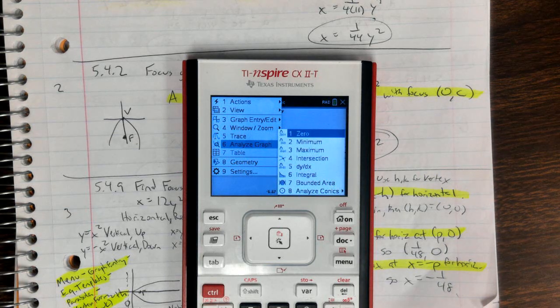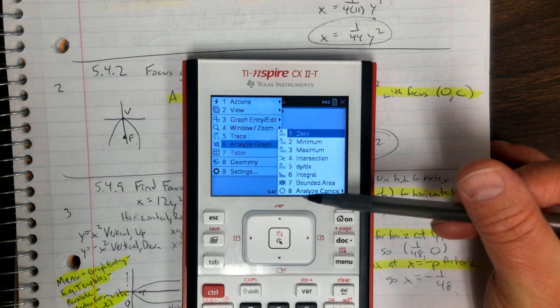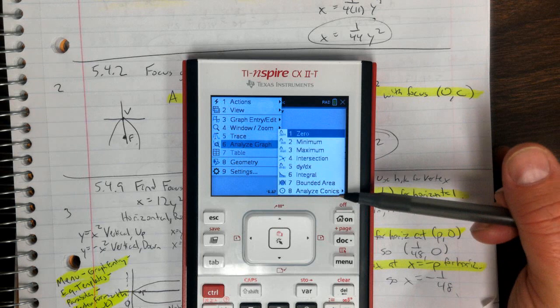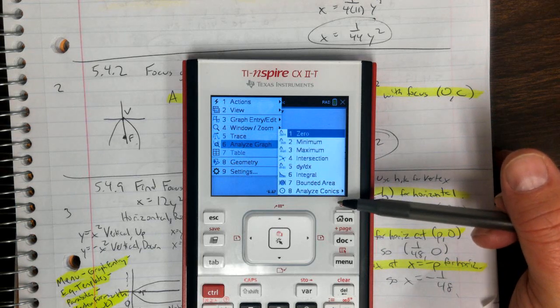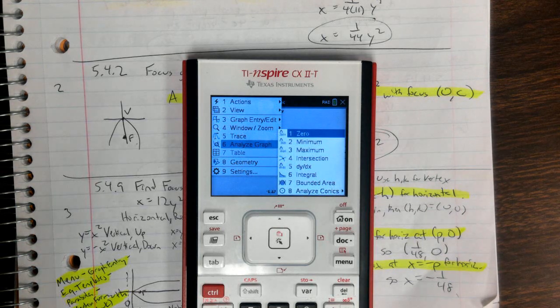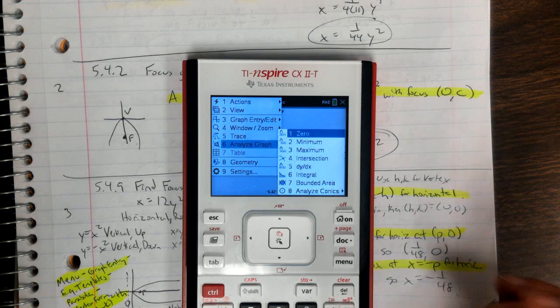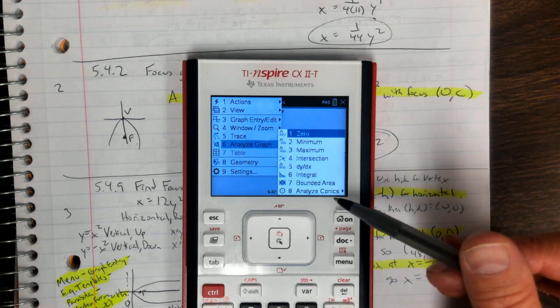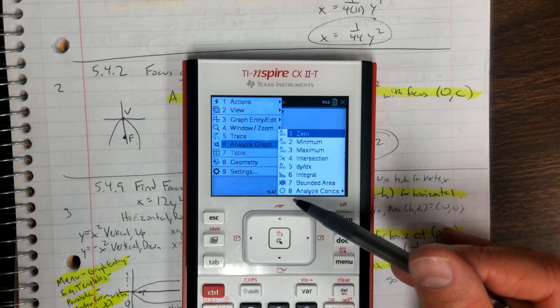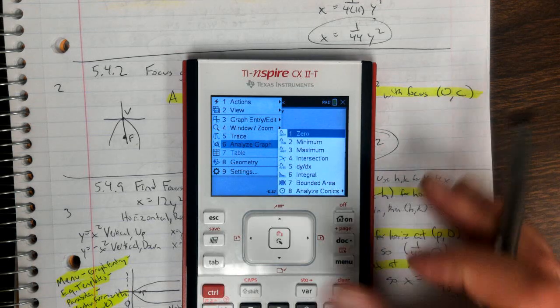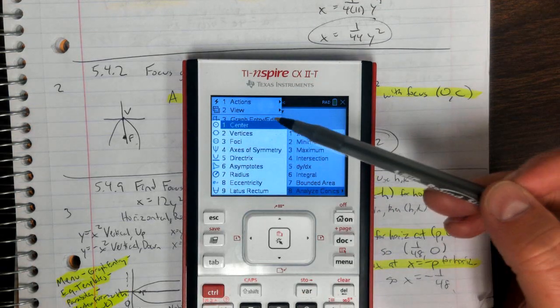But for your class, what is a good thing is analyze conics. Conics are parabolas, ellipses. There's different ones that you'll get to later. And so for analyze conics, if you press 8, this is where you're going to have lots of things.